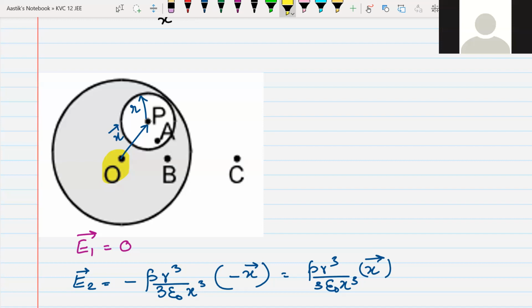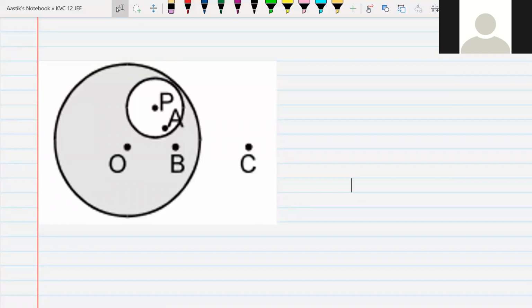How will you get it for point B? Point B is here.